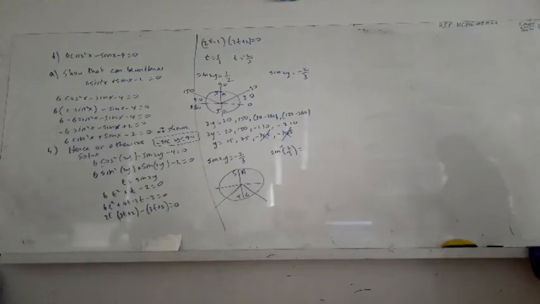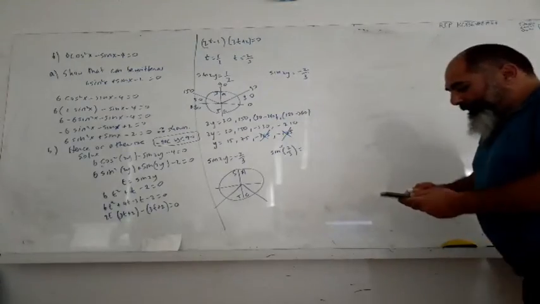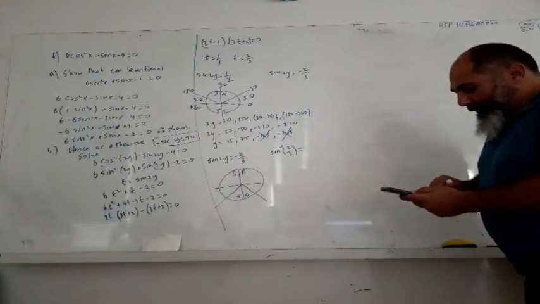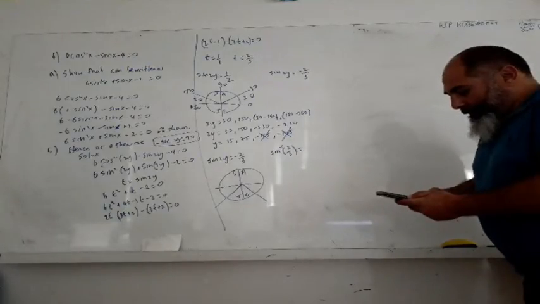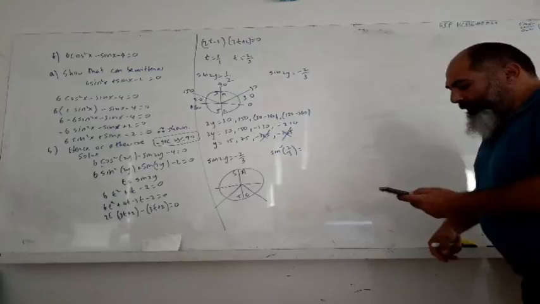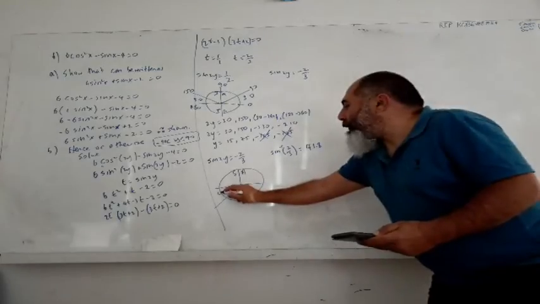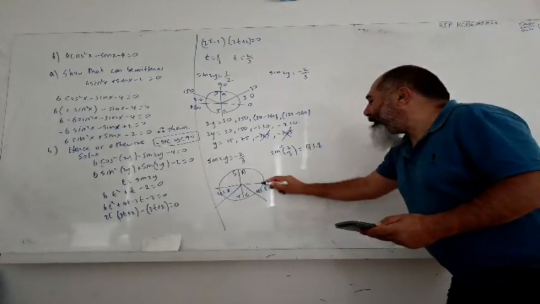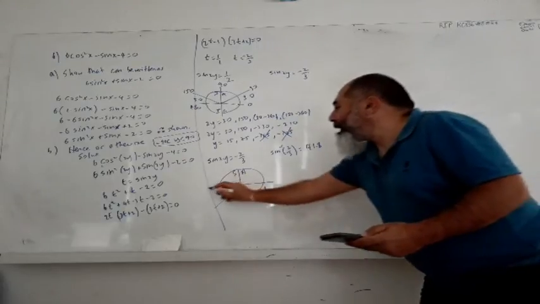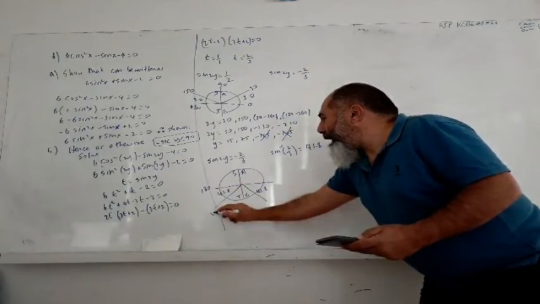Shift sine 2 over 3. The answer is 41.8. So we are going to have 221.8 there, and another 41.8 there.